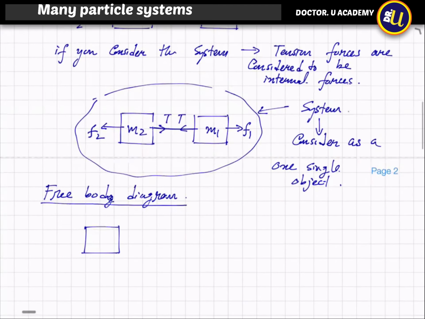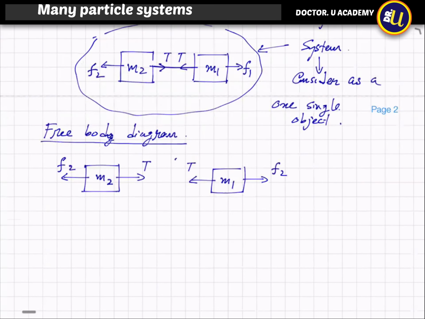Now I'm going to break the system and consider the forces individually acting on the masses. So here it's M1, with the T force and F2 force, and the other mass with the T force and F2 force.